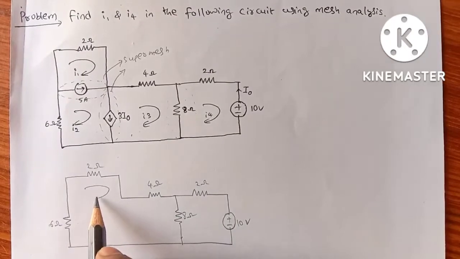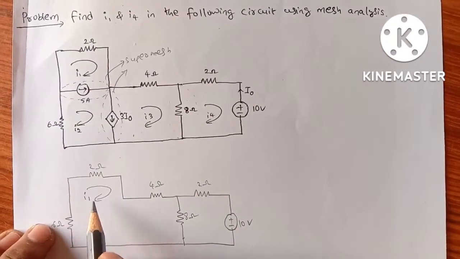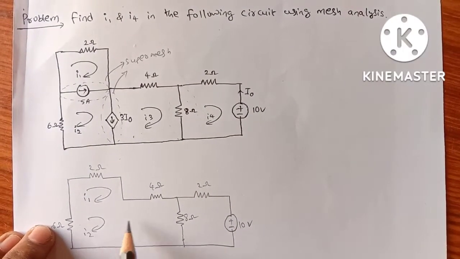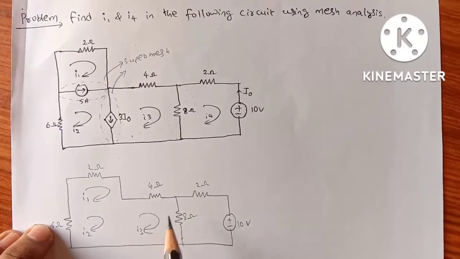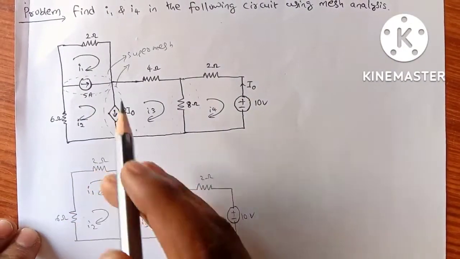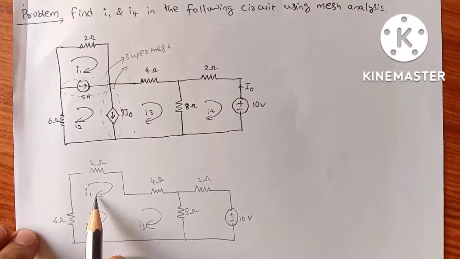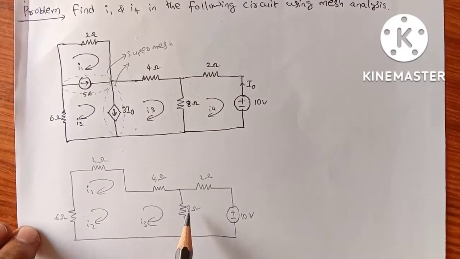Now here are currents I1, I2, I3. If we remove these supermesh branches, we write the I1, I2, I3 loop equations.